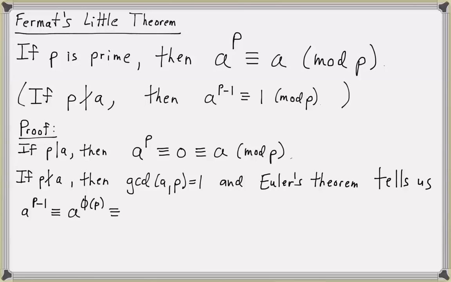So that would be congruent to 1 mod p. So we've established that a to the p minus 1 is congruent to 1 mod p, and then by multiplying both sides of this congruence by a, we get that a to the p must be congruent to a mod p.